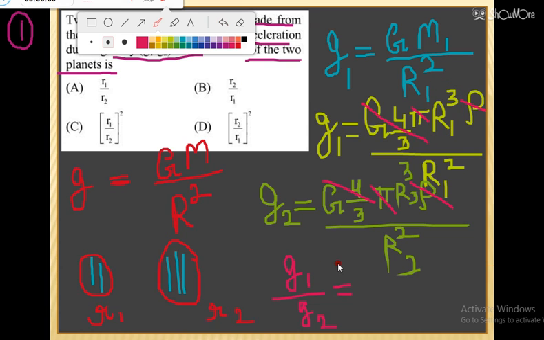So g1 by g2, after dividing the two equations, the answer will be R1 by R2. This will be the final answer for this question.